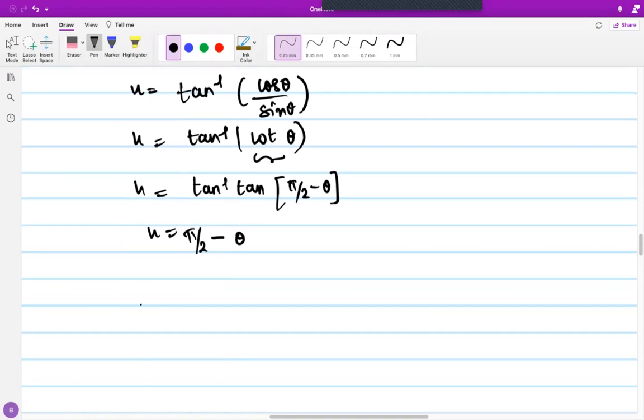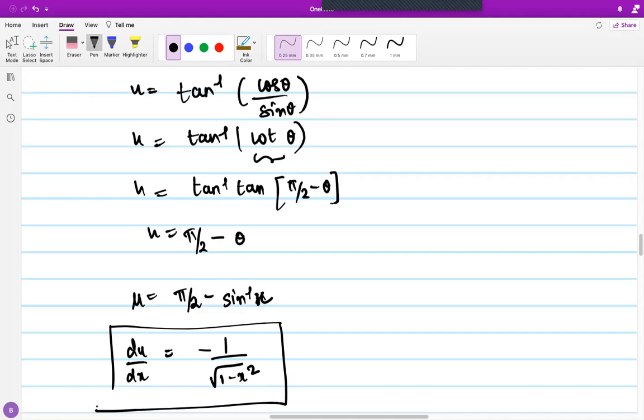Now what is theta? U equal to pi by 2 minus theta is equal to pi by 2 minus sine inverse of x. So only now I can differentiate, students. So that is du with respect to dx, that is equal to pi by 2 is a constant, 0, so negative 1 divided by square root of 1 minus x square. So this is du with respect to dx.